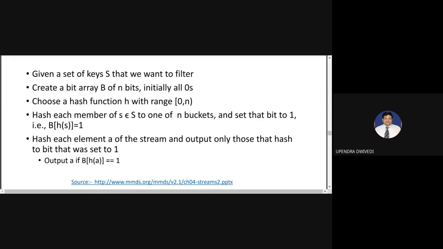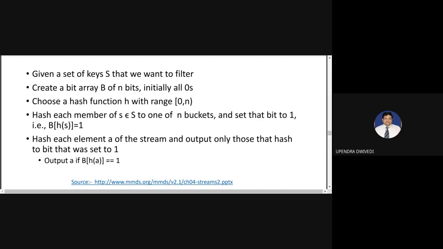So now when we apply the hash on each member of S, the output will be between 0 and n. Now, we have to apply this value to one of n buckets. Earlier, we designed a bit array of size n bits, and initially we fill it with all zeros.